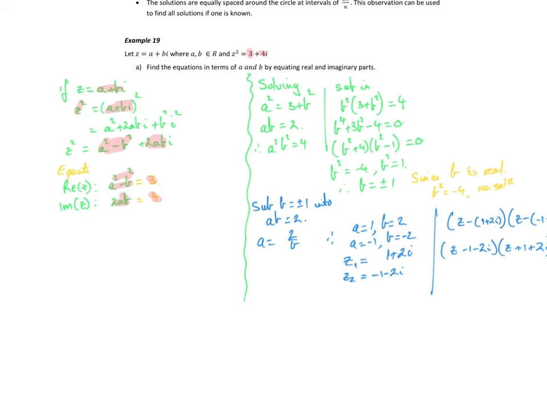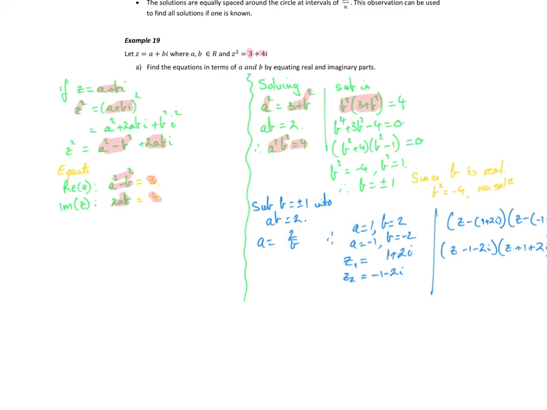Part B, which is just down below, says now solve. So I want to solve A squared minus B squared equal to 3. So I might just take the 3 plus B squared across. And I've got AB equal to 2 if I divide both sides by 2. Now if I square this bottom equation, I'll get A squared B squared equal to 4. And now I can substitute what A squared is equal to. So I end up with an equation in terms of B squared.